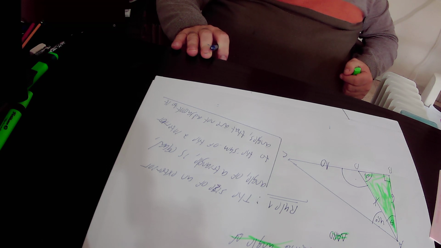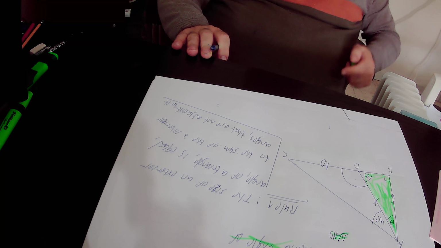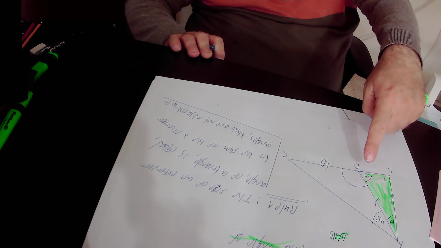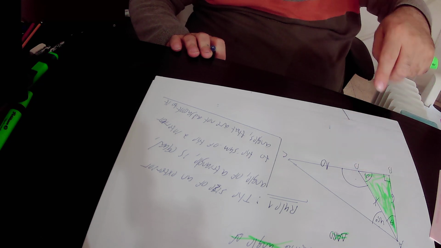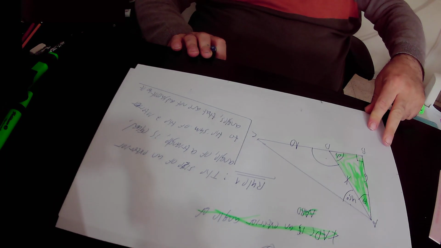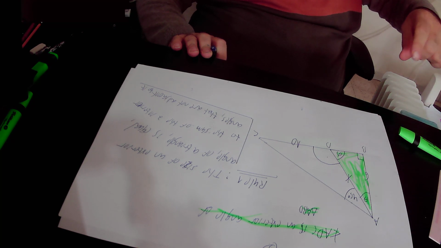So according to this rule number 1, angle ADC is an exterior angle of triangle ABD, so the size of this angle will be equal to the sum of the two interior angles that are not adjacent to it.